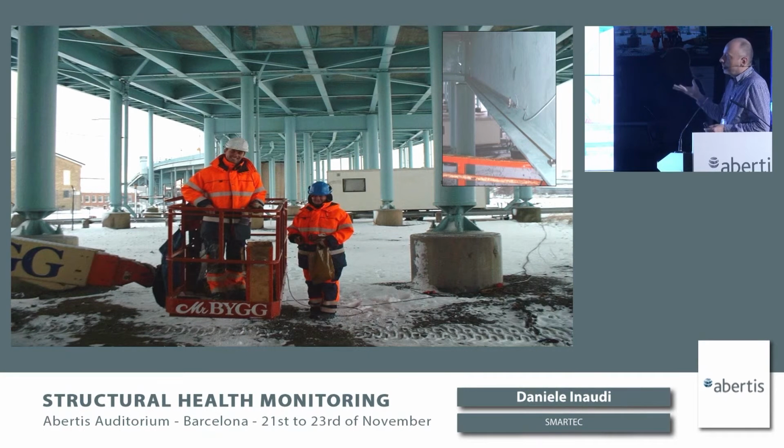So the beauty of this system is that it senses everywhere. It doesn't measure very accurately the crack opening, but as soon as you have a crack, it will tell you you have a crack on beam number 3 at location 354. So you can send an inspector and verify and decide what to do about it.